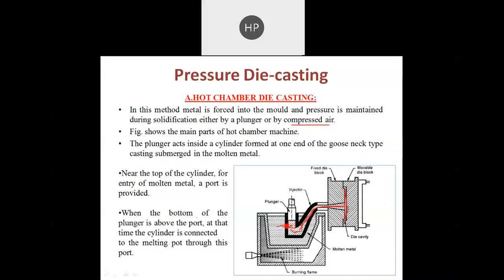As you can see in this diagram, when the bottom of the plunger is above the port, the cylinder is connected to the melting pot through this port, so the molten metal enters the cylinder.